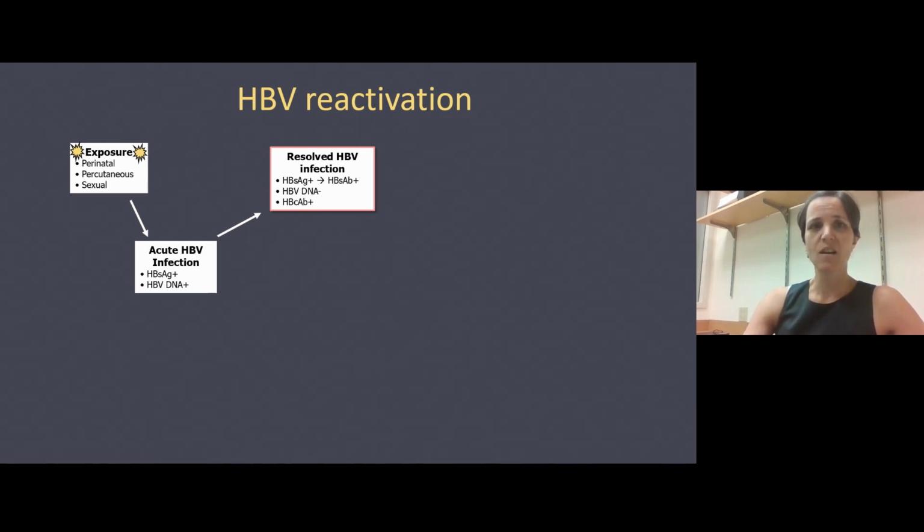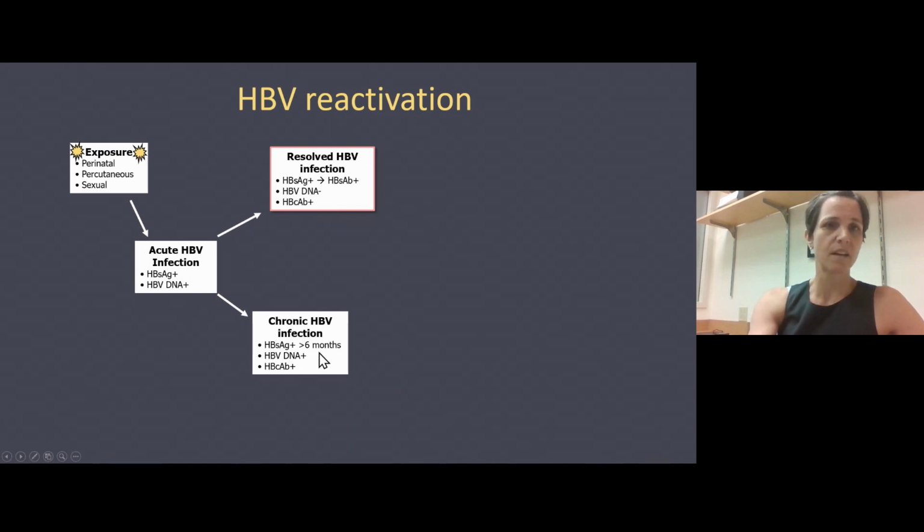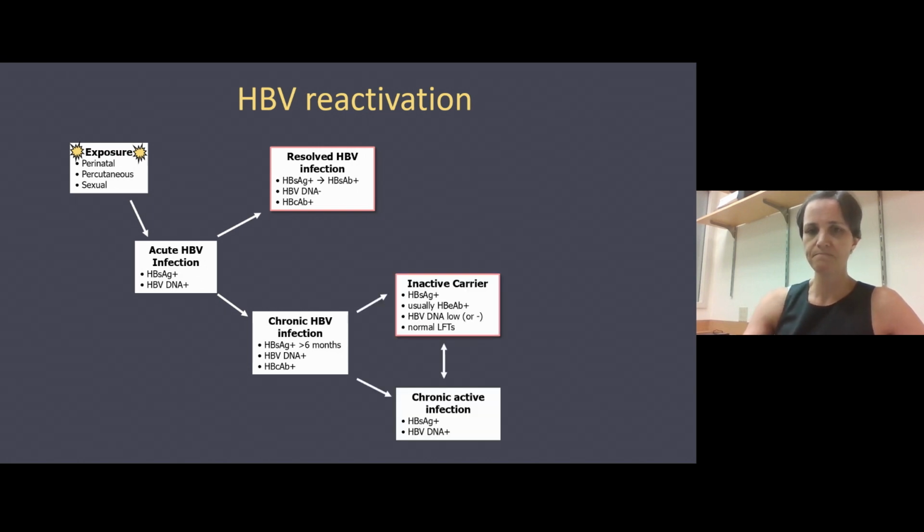That being said, once you've had natural infection, you will have a small reservoir of retained hepatitis B DNA in hepatocytes, and that's the source for reactivation. Some people will go on to develop chronic hepatitis B, though, less than 10% if you're an adult, which by definition means you're surface antigen positive for 6 months. You still have detectable DNA, and you also have this core IgG as a marker of natural infection.